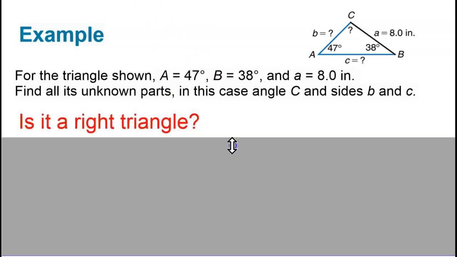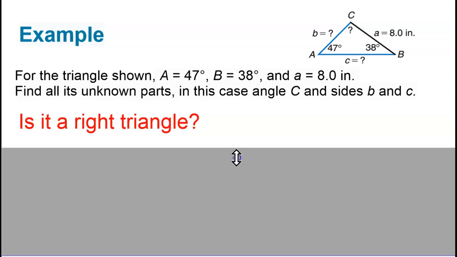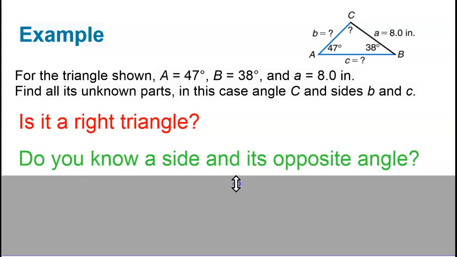We're going to go through our flow chart. Is it a right triangle? No, it's not. So we are not going to use any of the rules for a right triangle, such as the Pythagorean theorem, and we're going to stay away from that. We know we're going to use the law of sines, and in looking at that, do we know a side and its opposite angle?